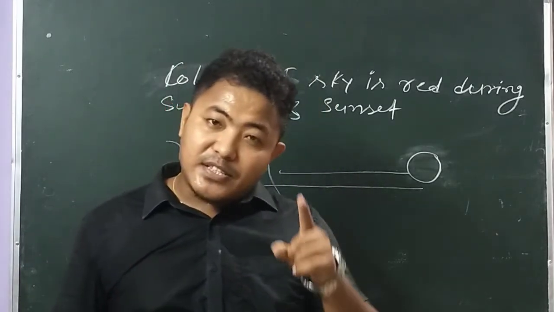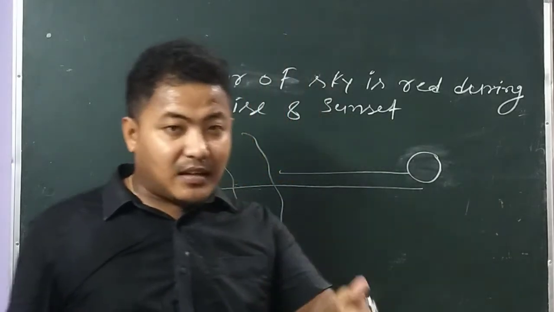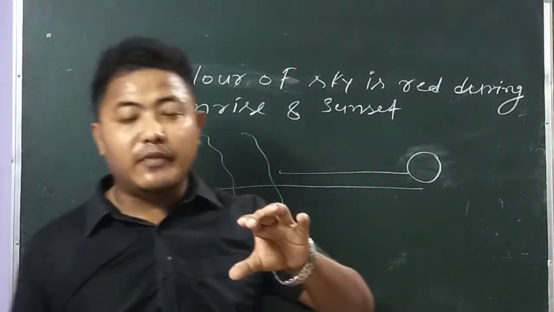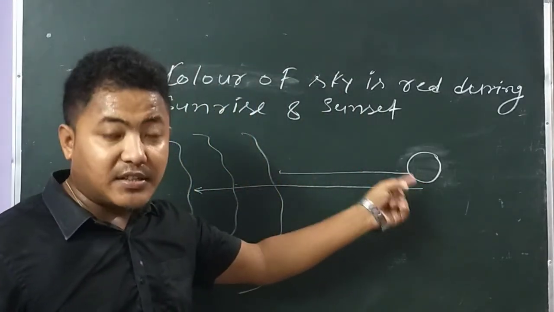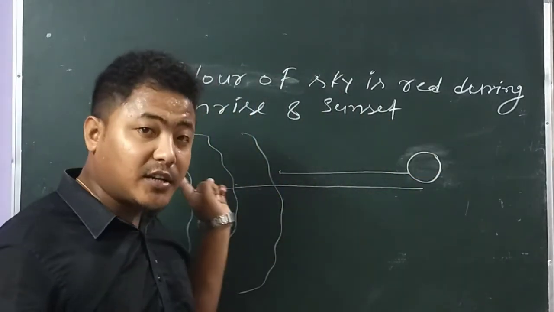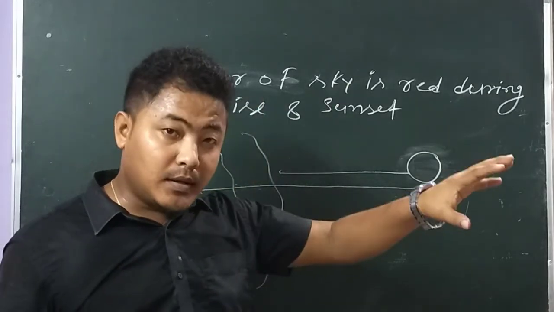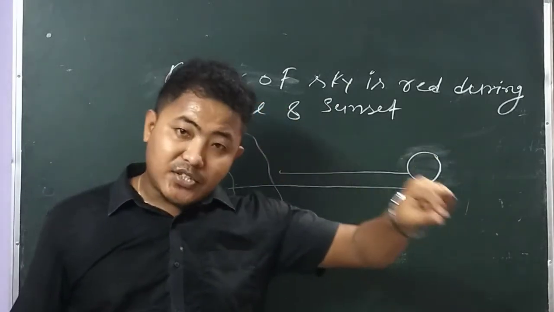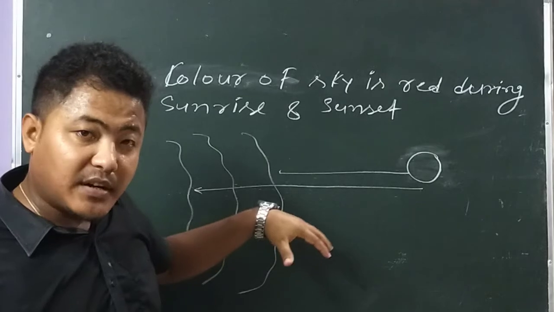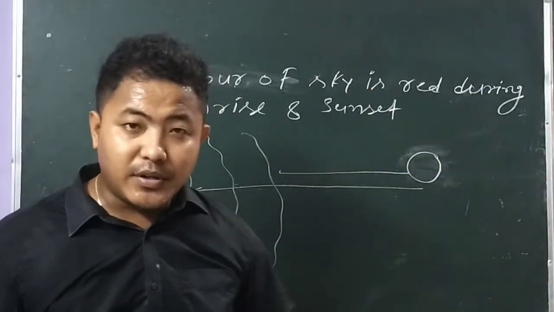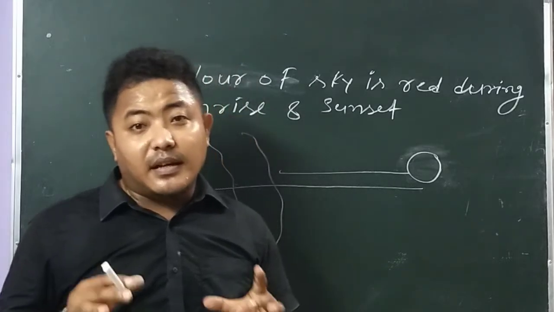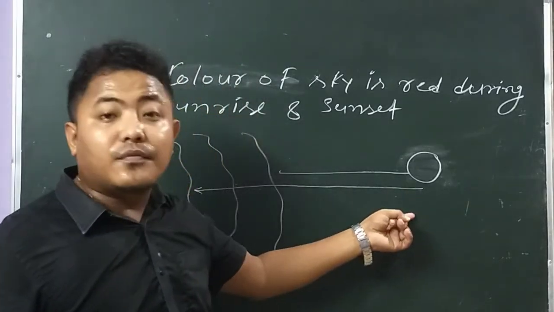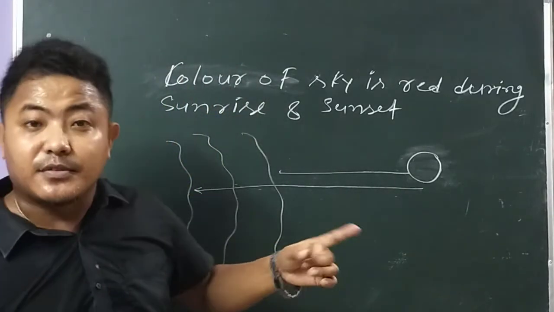That is why, since red color and orange color have the maximum wavelength, and the sun has to travel, the distance between the sun and the Earth atmosphere becomes more. Okay, the distance between the Earth atmosphere and sun becomes more during sunrise and sunset. Then the color of the sky becomes reddish.